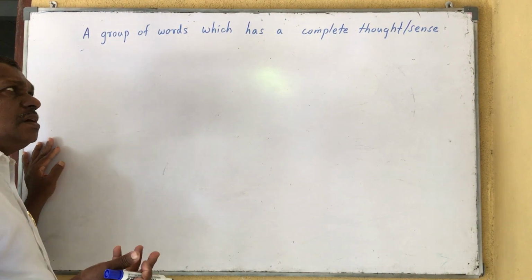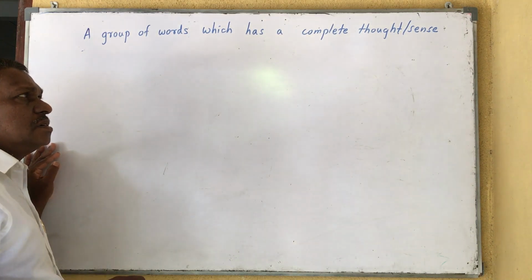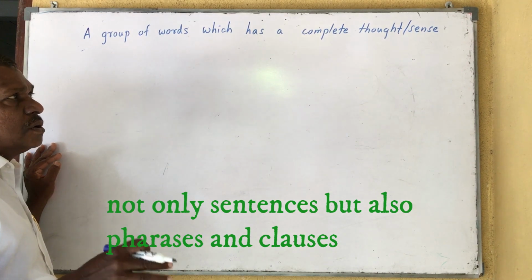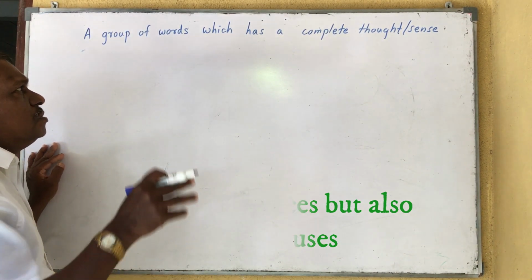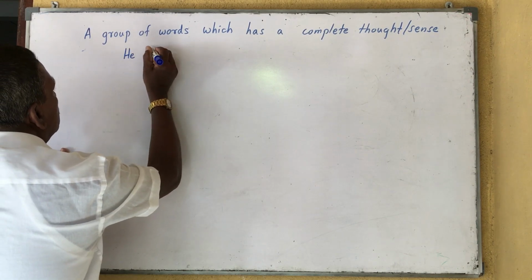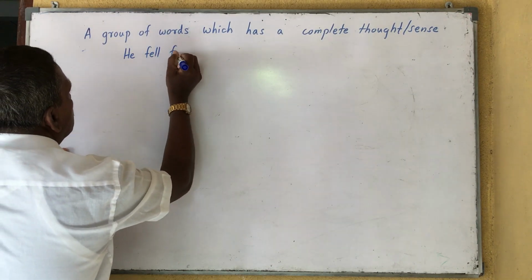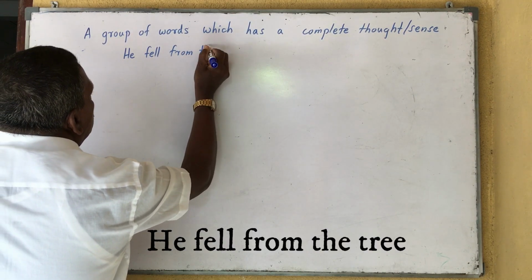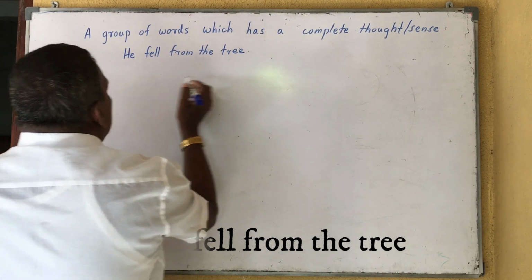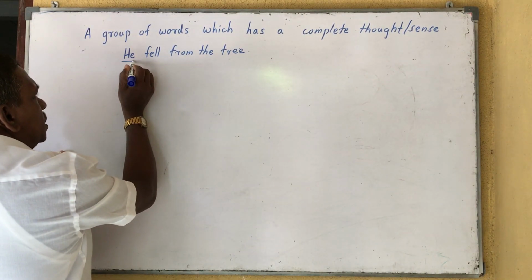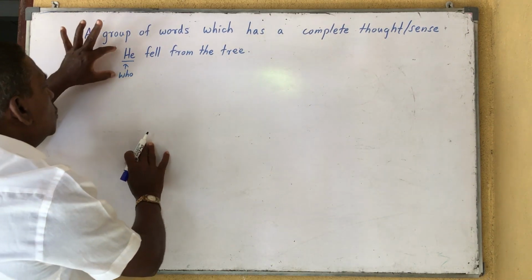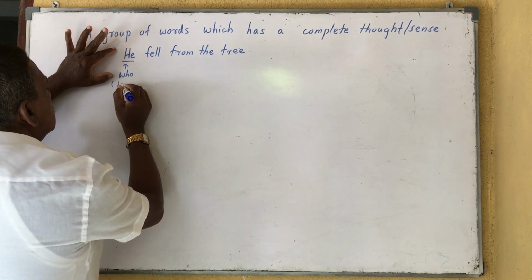But when we speak, we sometimes use not only sentences but also phrases and clauses. Now, look at this example. He fell from the tree. Here, who fell from the tree? He. So then, who word is the subject here?